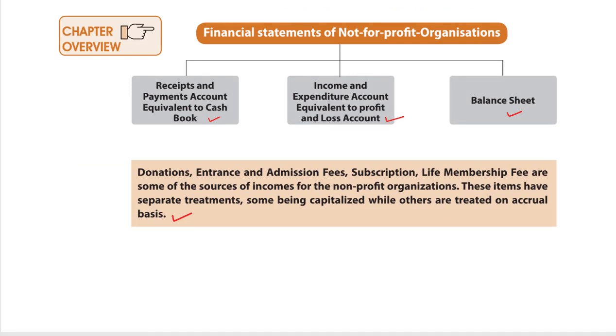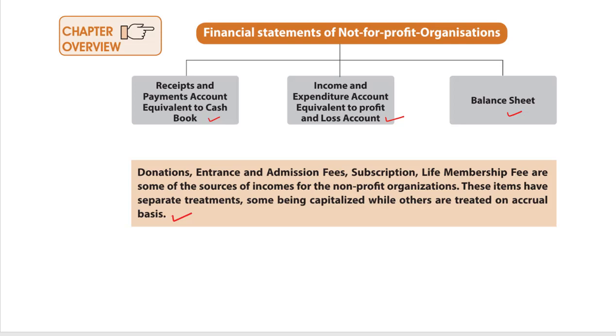So we have understood that a not-for-profit organization is basically known as a Section 8 company as per the Indian Companies Act 2013. We prepare receipts and payments account instead of cash account, but it is equivalent to a cash account.